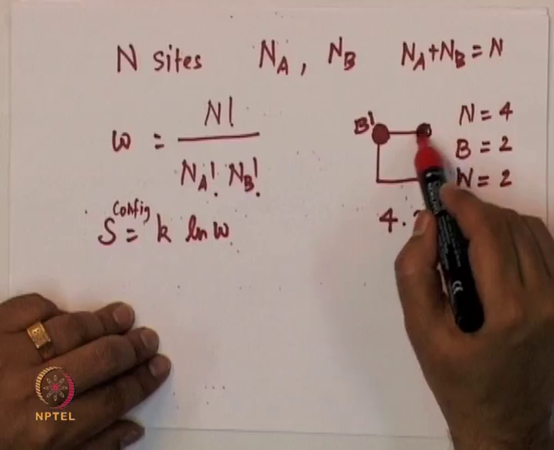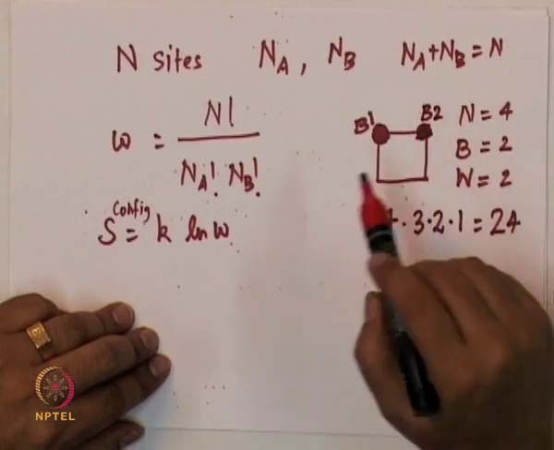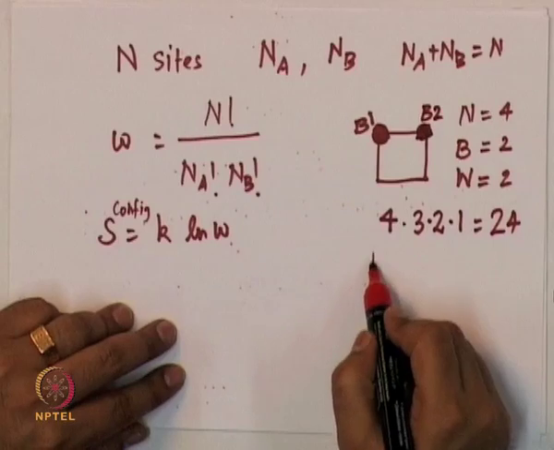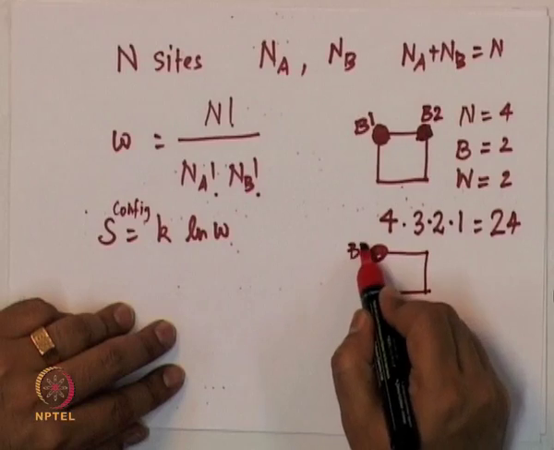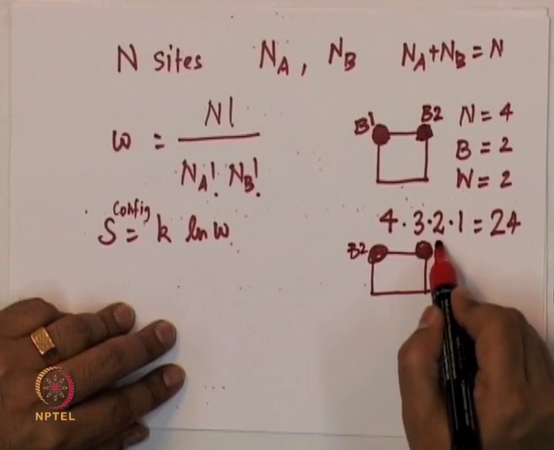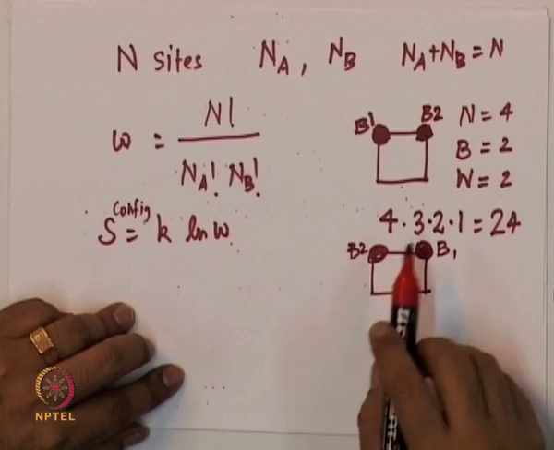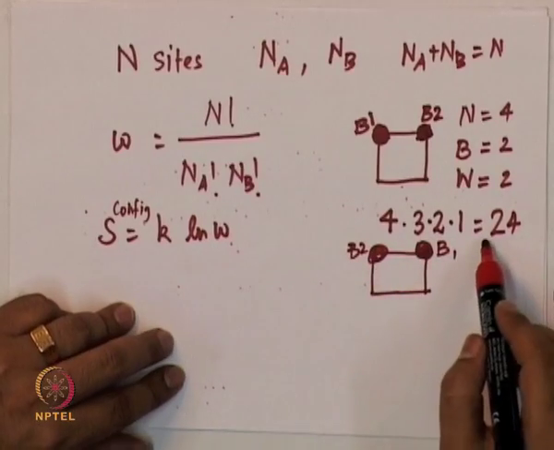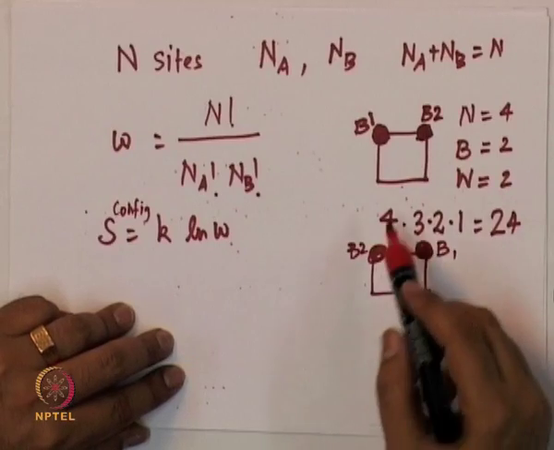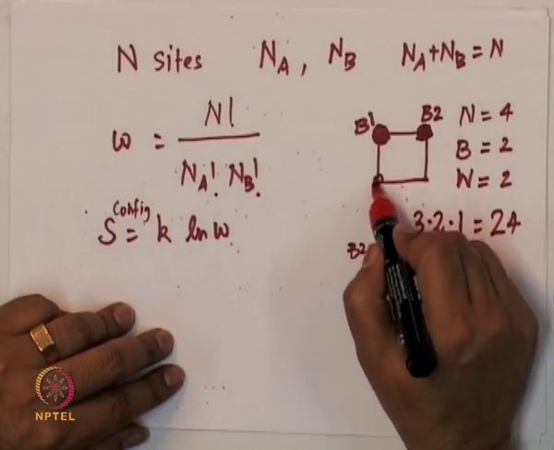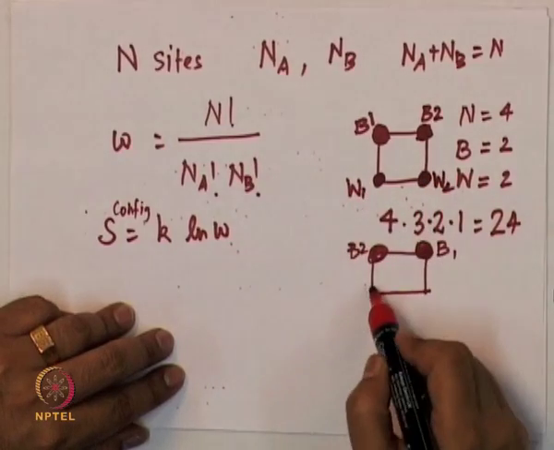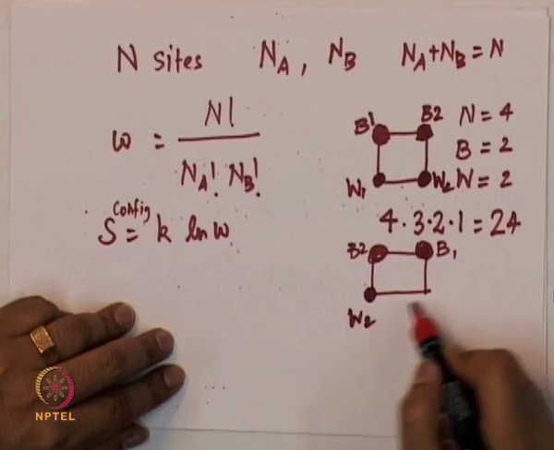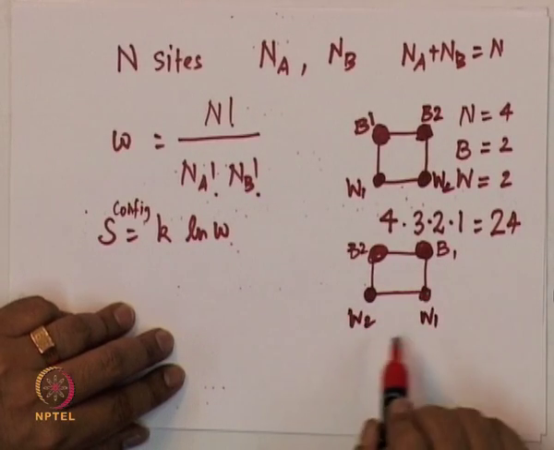Suppose I put B2 here, this configuration looks indistinguishable from B2 here and B1 here. So, this is not the total number of sites, and similarly for W1 and W2. Suppose W1 was here and W2 was here. I am not going to distinguish between W2 and W1 here.